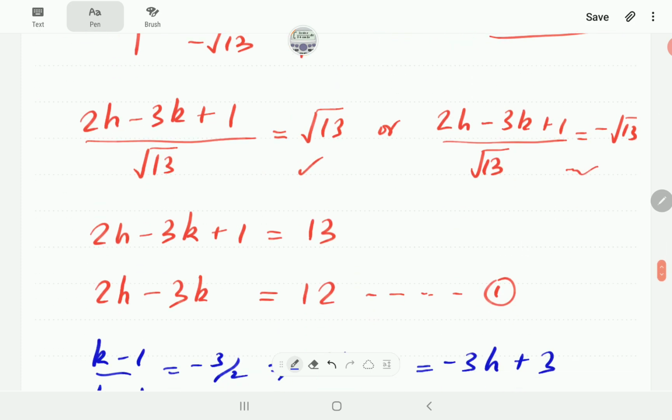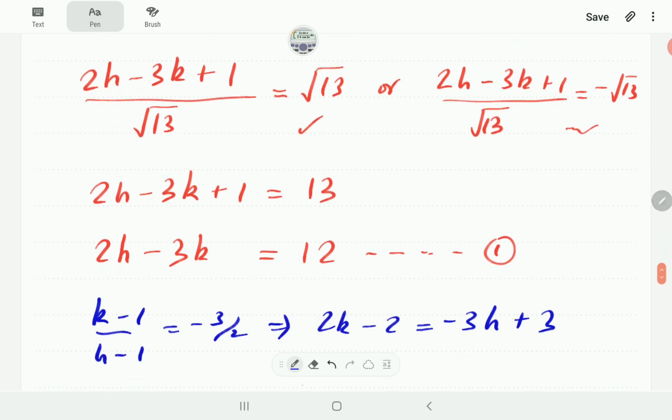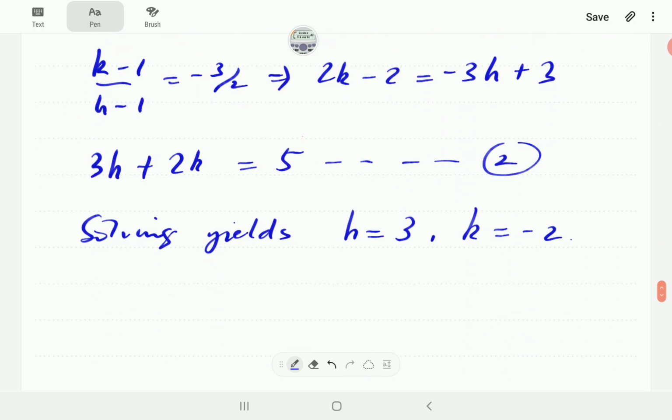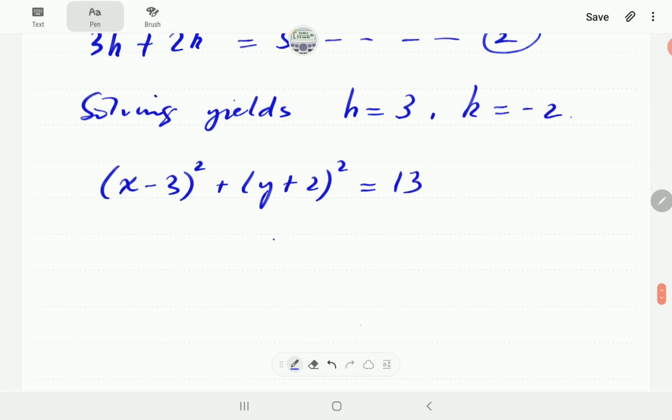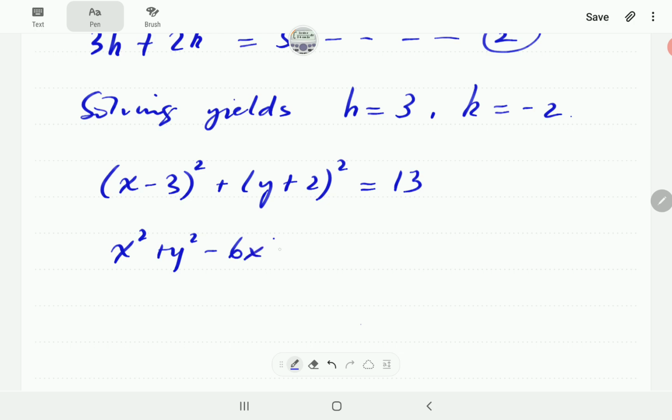So we know the radius, we know the coordinates of the center, so we can write the equation of the circle. So we're going to have (x minus 3) squared plus (y plus 2) squared is equal to 13. Simplify this, we're going to have x squared plus y squared minus 6x plus 4y minus 26.